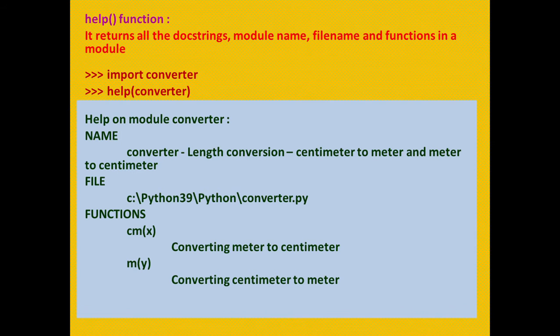This will be the output. See here, name is converter, that is the module name is converter, and the first docstring is given here, and next is file, the location of the file, and next functions. So the first function name cm of x and the docstring given inside that, and m of y the next function and the docstring given inside that function.